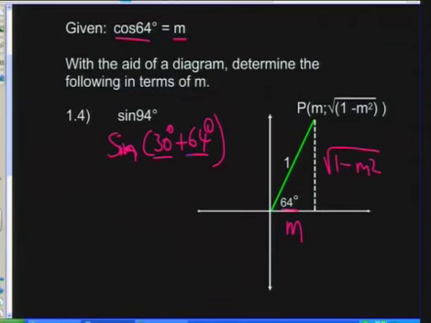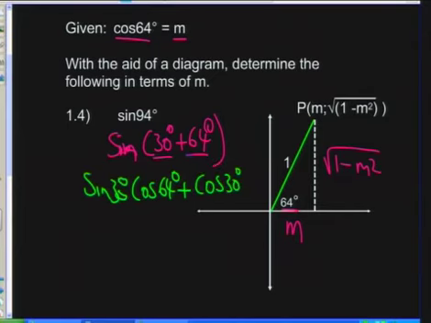So sine of this is sine 30 degrees cos 64 degrees. The sine keeps its sign. Plus cos 30 degrees sine 64 degrees.